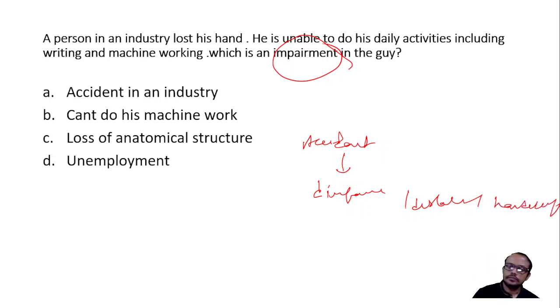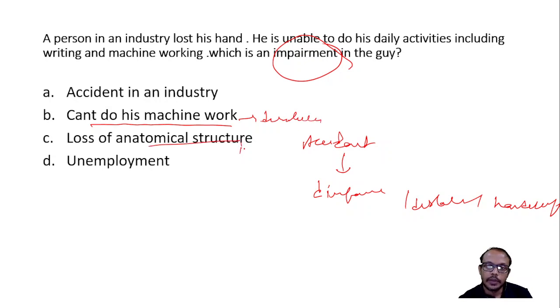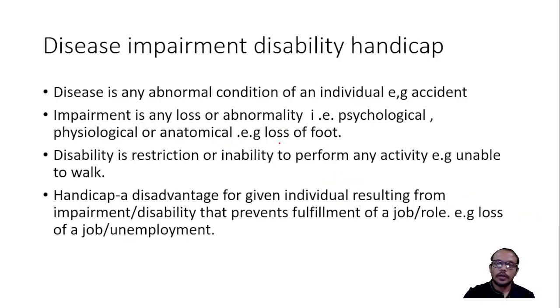Okay. So what is the impairment here? If he is not able to do work, that is disability. Loss of anatomical structure is impairment. Okay, this is the answer. This is the topic you have to know. Okay, you have to understand this topic.